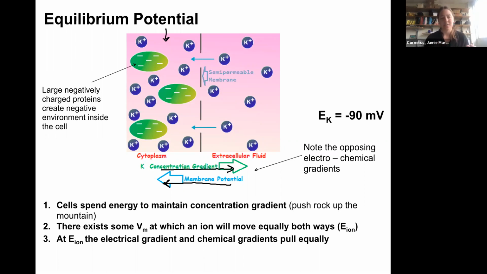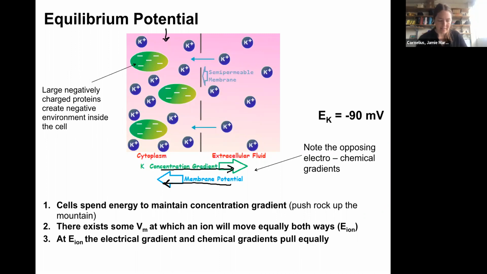You have a concentration gradient that wants potassium to leave, but an electrical gradient that wants potassium to stay. If you open all of the channels for potassium and allowed only potassium to move across that membrane, then potassium would move equivalently in both directions when the charge difference was negative 90 millivolts.